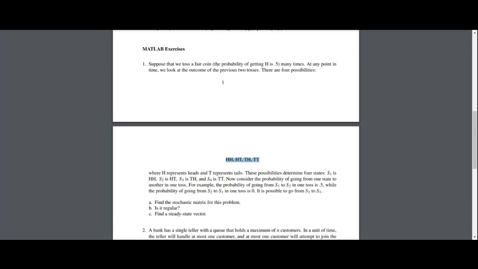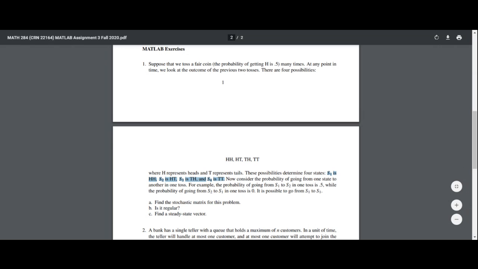HT would be getting a head and then a tail. And then you have the states. There are 4 states, and you're going to determine the probability of going from one state to another in one toss.